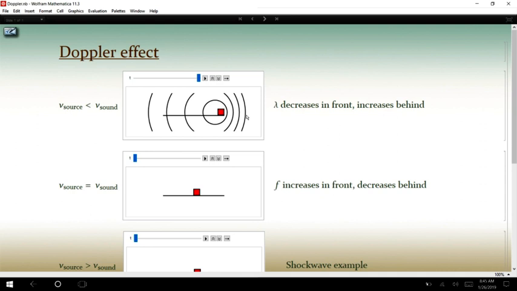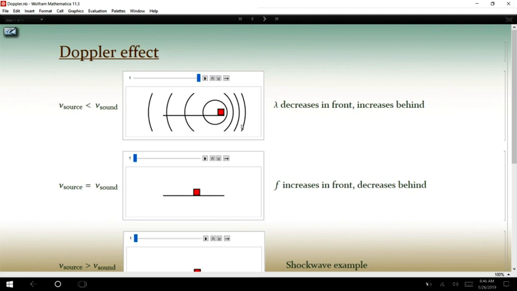But as you see, as the block moves forward, the person that is standing in front of the block seems to receive the same pulses that are being radiated by the block, sort of at shorter length intervals compared to a person who's standing behind over here, where clearly the wave front has a larger length to cover to get to the same person.